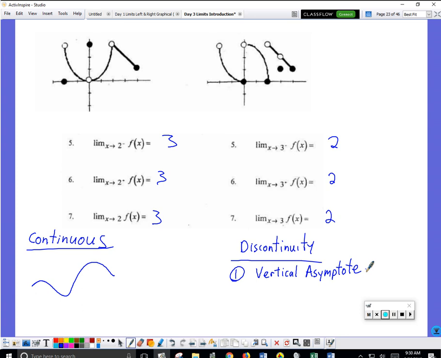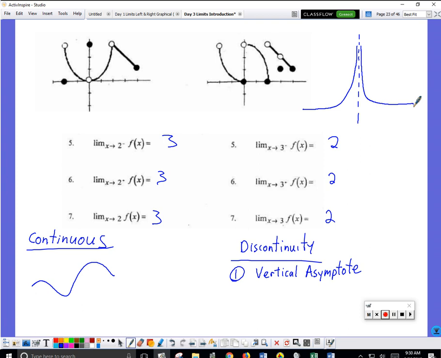So vertical asymptote is a type of discontinuity. Here's an example. I'm drawing the function, it's continuous here, and I have the vertical asymptote. I have to pick up my pencil to get to the other half of the asymptote. The function is continuous everywhere except where the vertical asymptote is located. That's this type of discontinuity. Question?